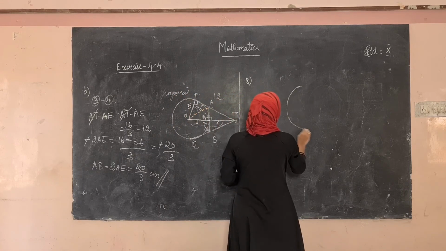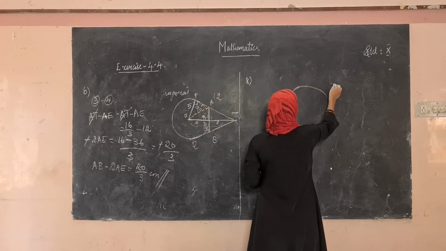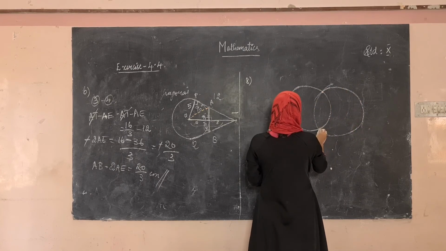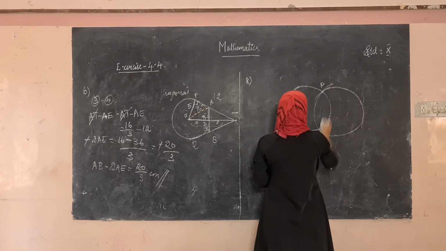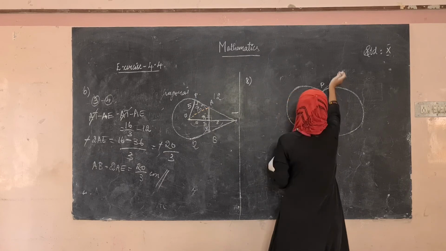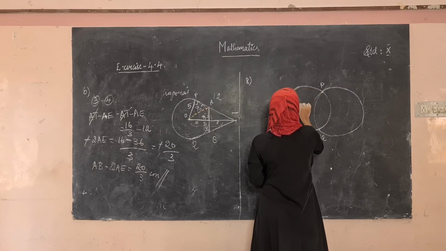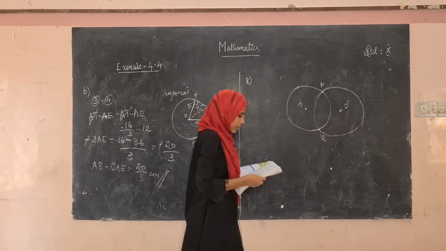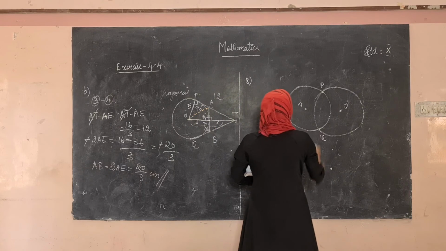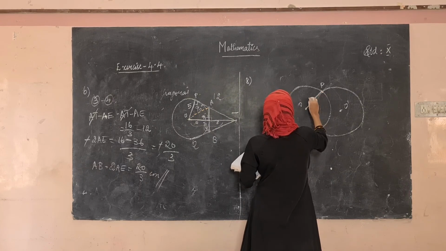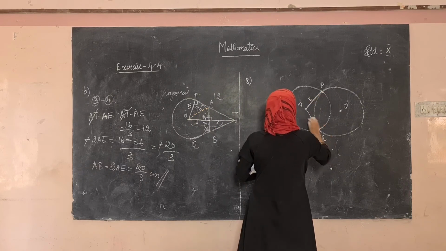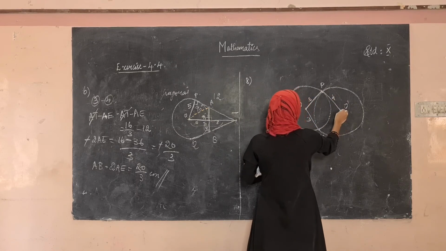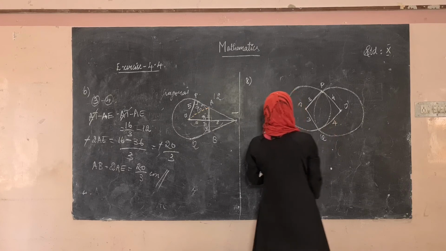That is, there are two circles. This is one circle and let this be the other circle. They are meeting at the points P and Q. The center of this is O and the center of this is O dash. Two circles with radius 3 centimeter, so this is the radius which is 3, this is also 3, and the radius of this circle is 4.